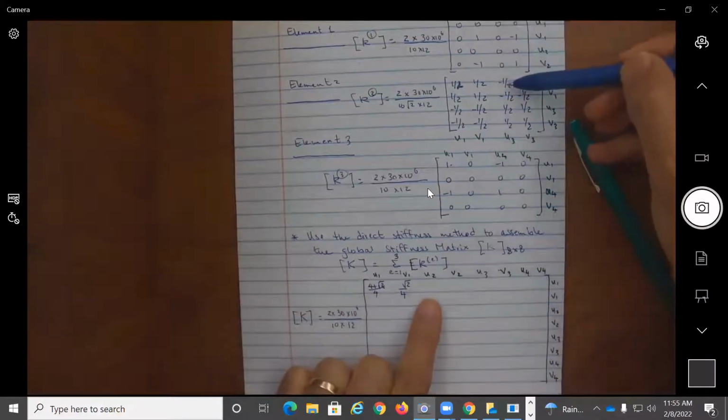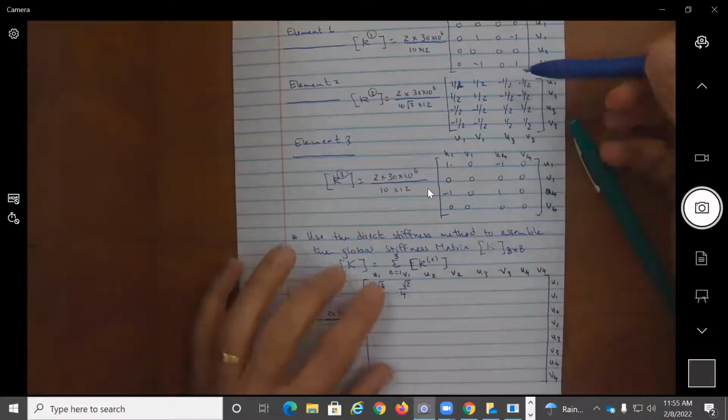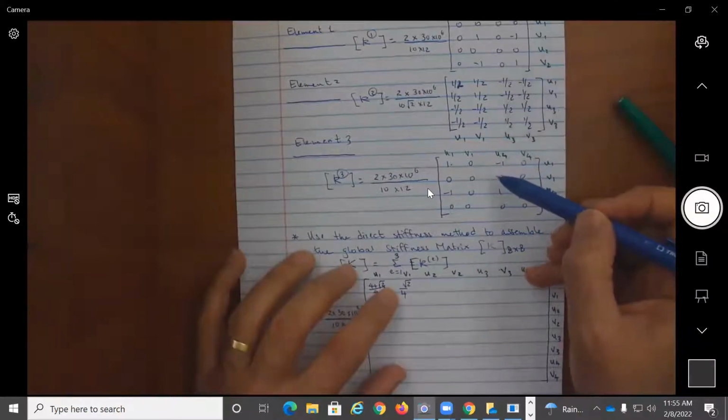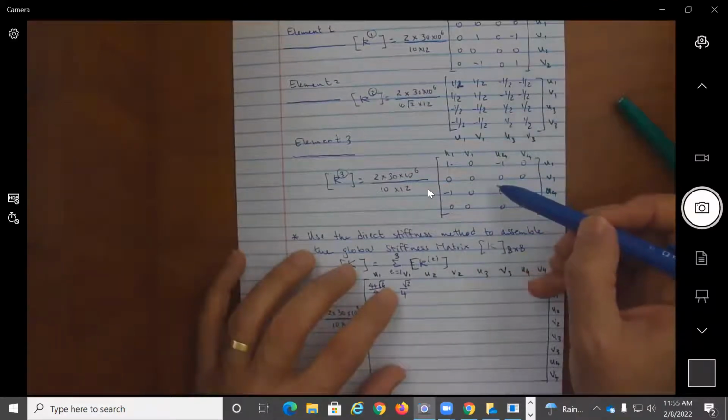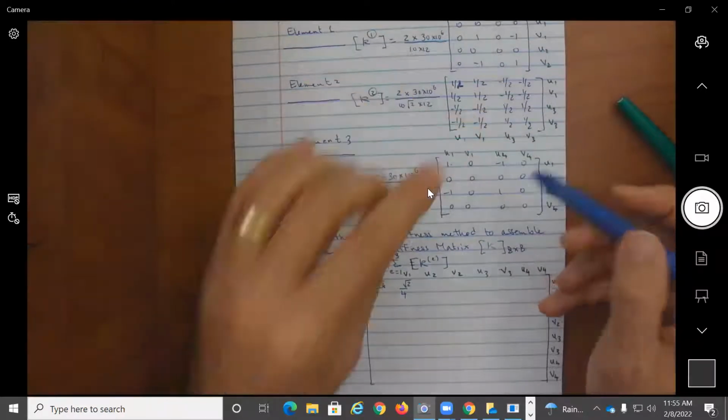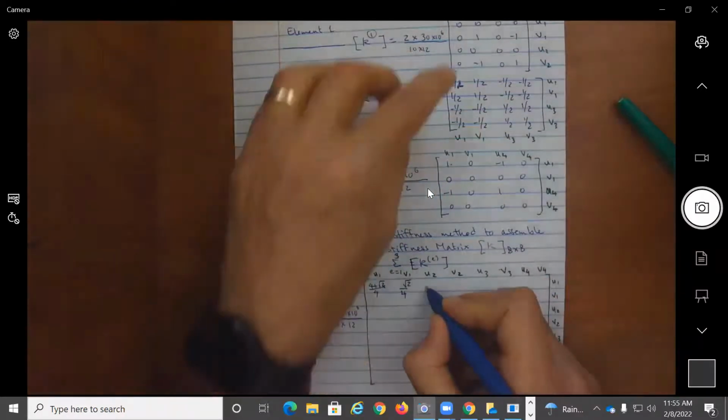Again, I have the minus 1/square root of 2 times 2, which I'm going to write as... I don't have any contribution from the... no, actually, this is U1, U3. So basically, this is going to be a 0.